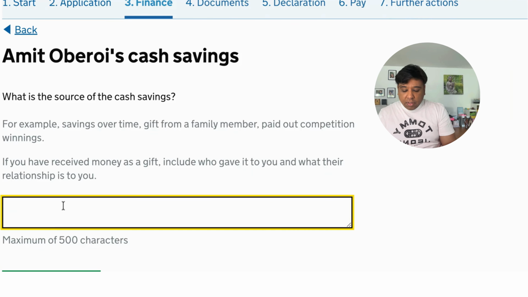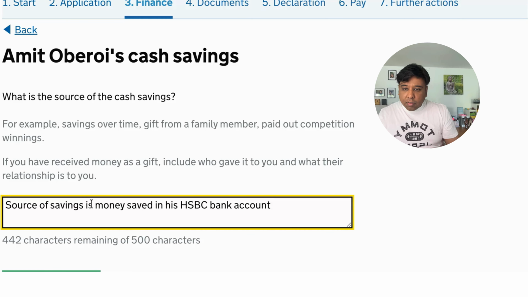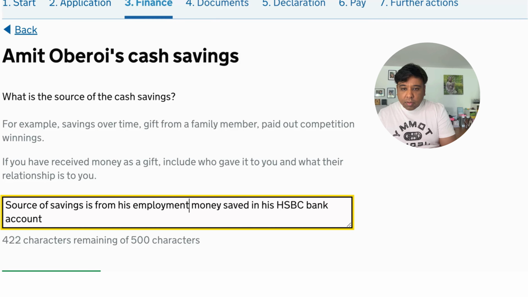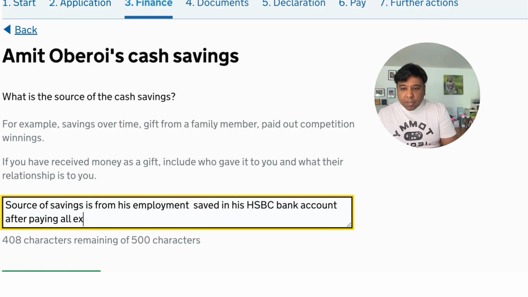What is the source of the cash savings? So the source of savings is money saved in the HSBC account from his employment, and then you write employment after paying all expenses.